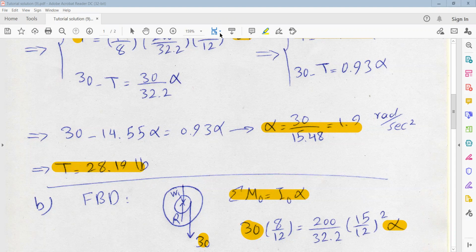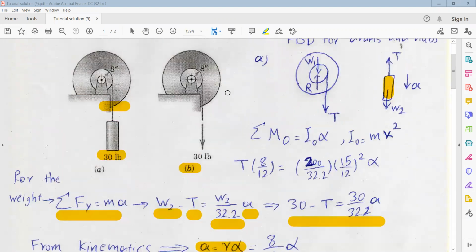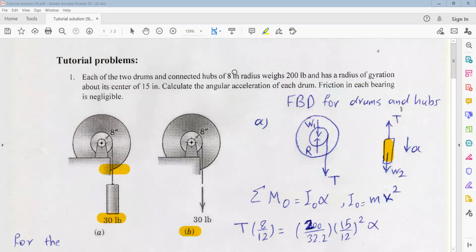No, I have mentioned this several times. In the exam, any question that I give you will be in the SI system. In the SI system, all of the lengths and dimensions are in meters.